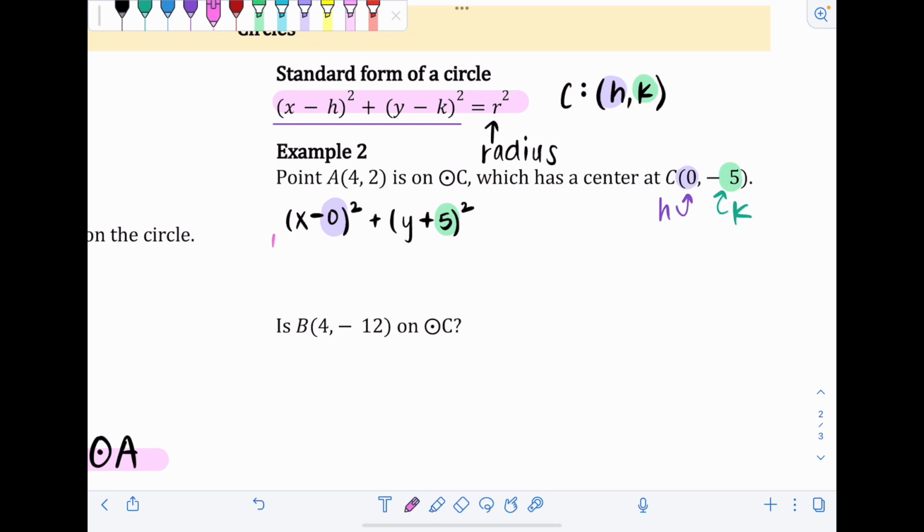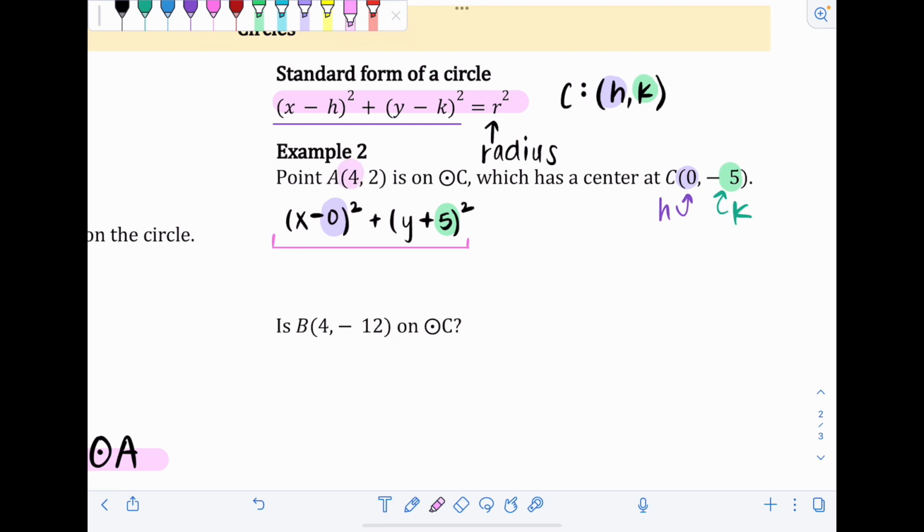So now this gives me not the full equation, but a part of the equation for the circle that involves the center. And then for the next step, I'm going to take that expression and put in the point that I know is on the circle. So I know the point A, which is (4, 2), is on the circle.